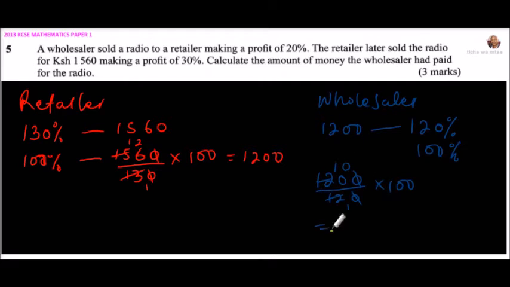So we can say the wholesaler paid 1,000 Kenyan shillings for the radio to make a profit of 20%. So that is how we work out that question.